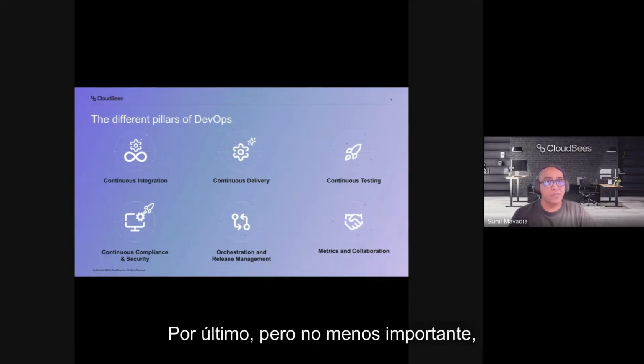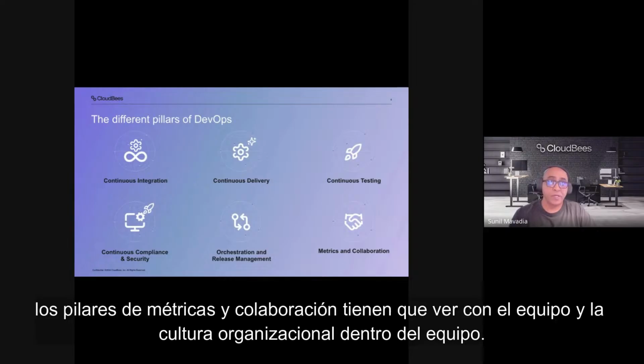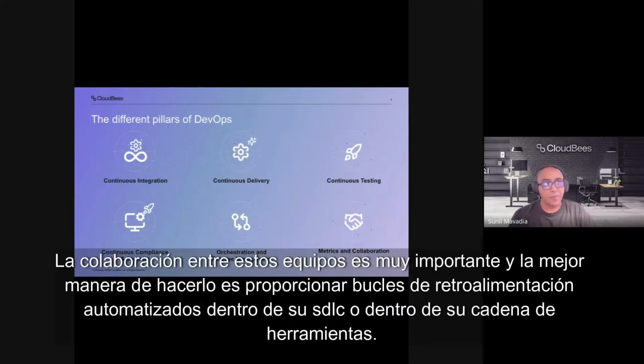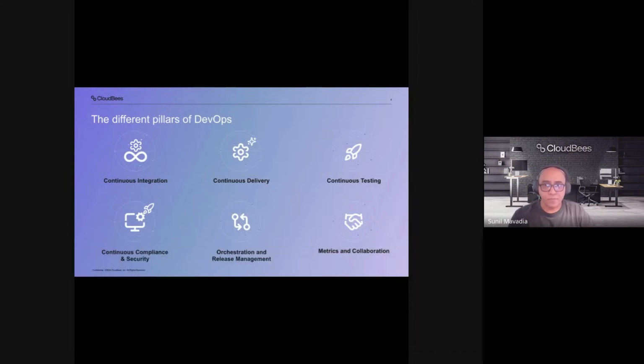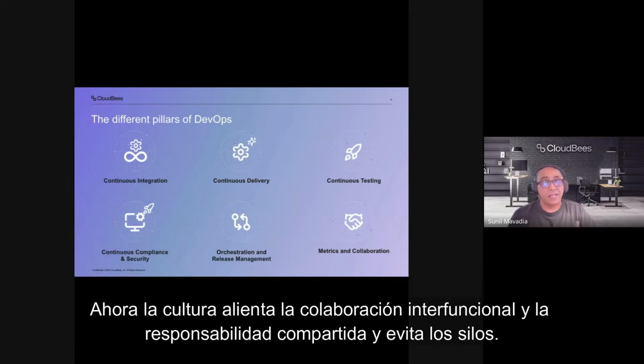Last but not least, the metrics and collaboration pillar has to do with teams and the organization culture within teams. Collaboration between these teams is very, very important. And the best way to do that is provide automated feedback loops within your SDLC or within your tool chain. Now, the culture encourages cross-functional collaboration and shared responsibilities and avoids silos.